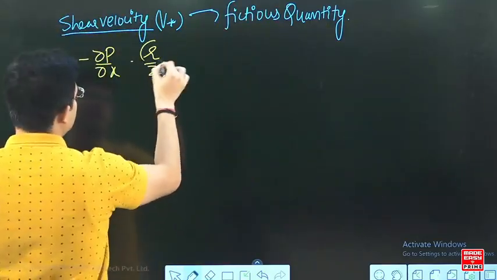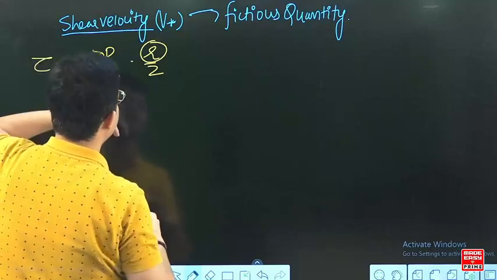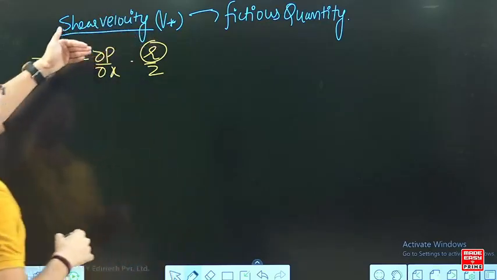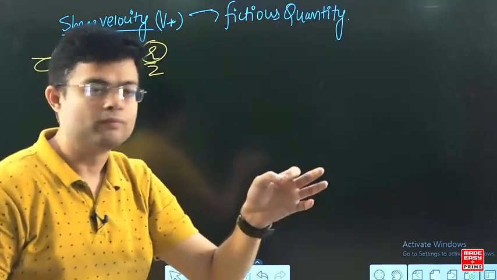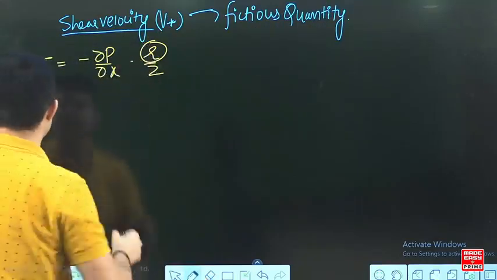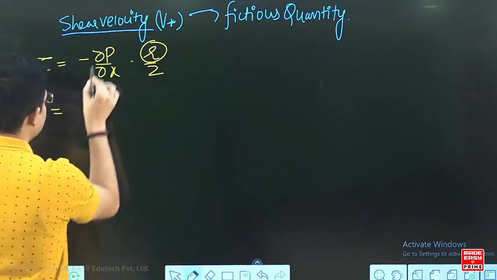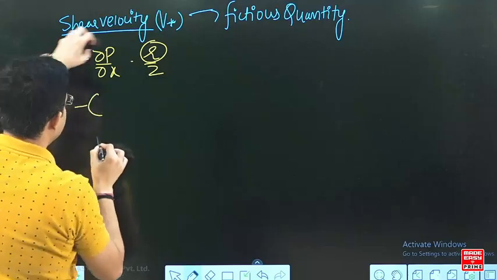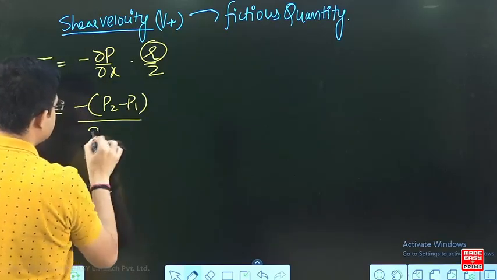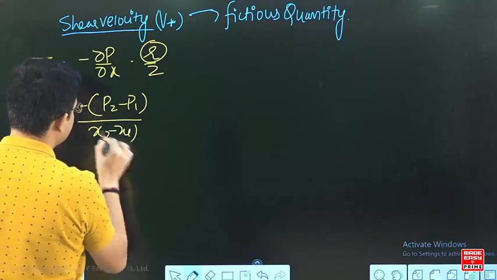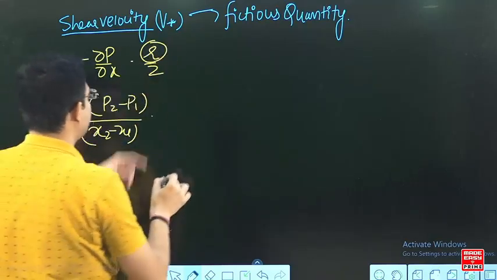But if I want the formula in terms of diameter, R will be written as D by 2. So tau can be written as minus of del P, where del P will be P2 minus P1, divided by del X, which is X2 minus X1, into R by 2.